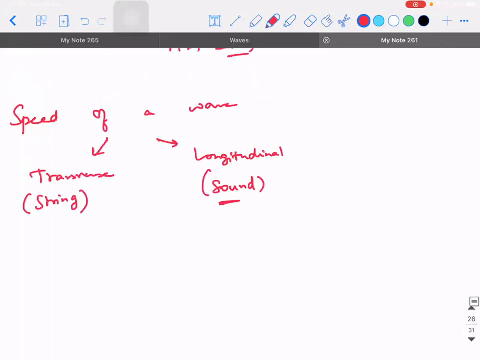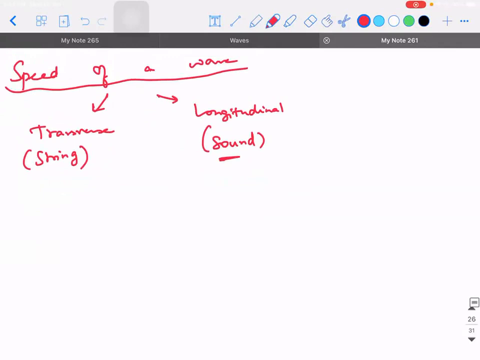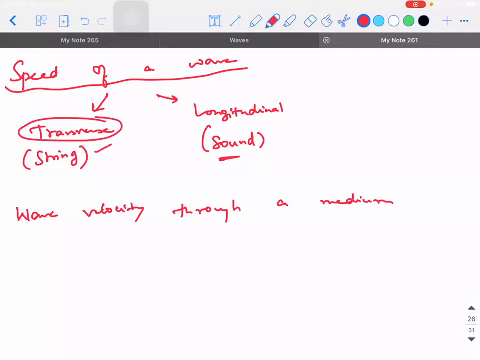This is a very, very important point. Based on this only, all these things are derived. So whenever you talk about the speed of a wave, it depends on two important properties. So write it down. Wave velocity through a medium. In the case of a transverse wave, string is the medium. In the case of a longitudinal wave, air medium, water medium, it can be anything.